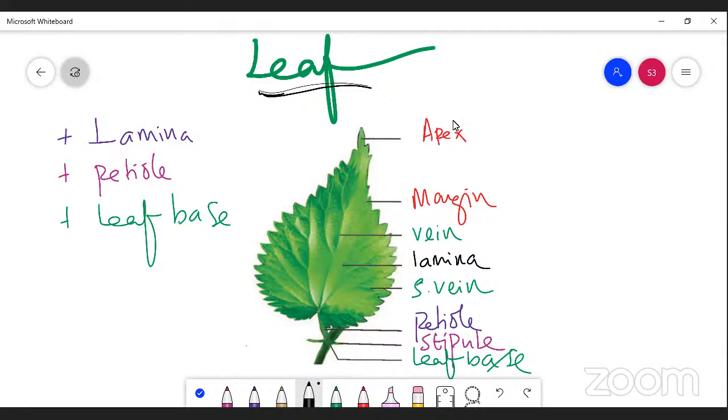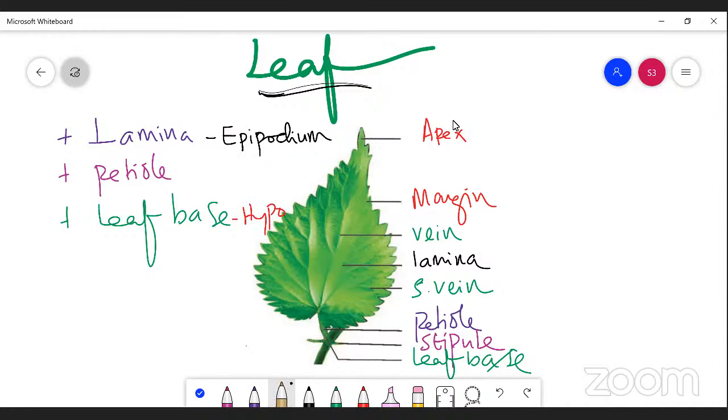The first one is the leaf lamina. It is also known as the epipodium. And the leaf base is the hypopodium.